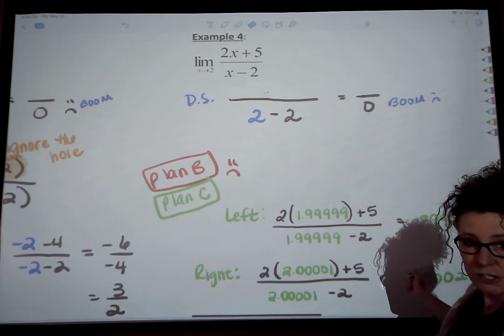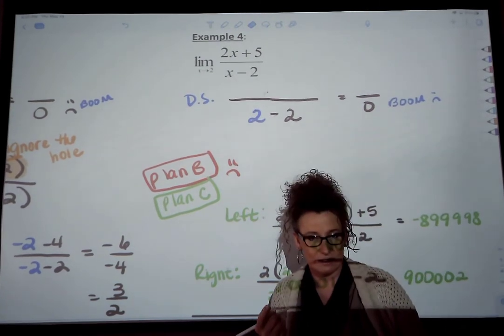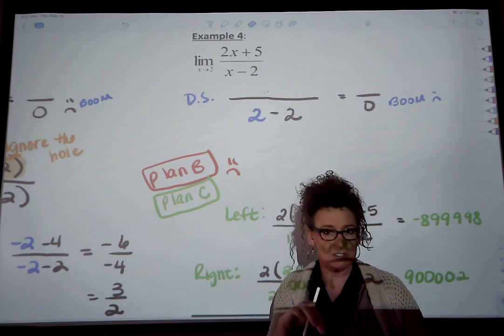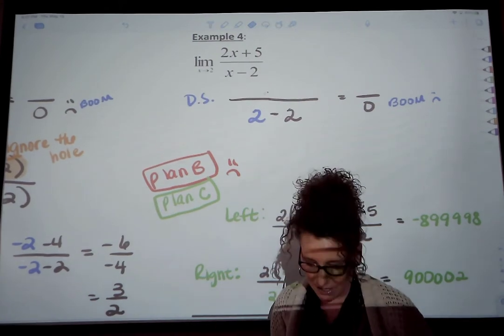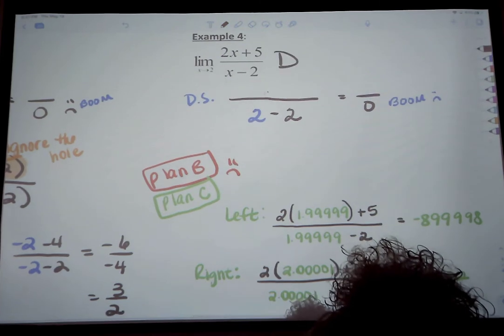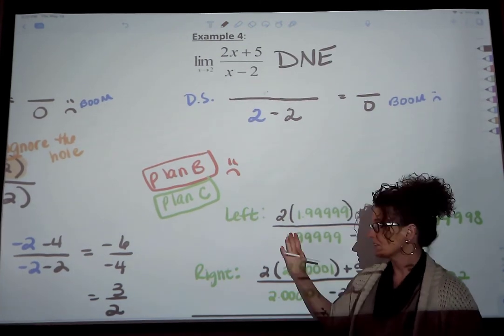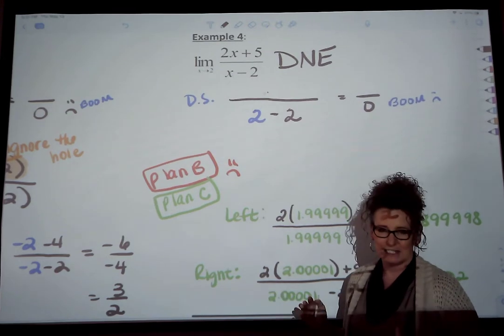Do they match? No. Does the limit exist? No, because the left side didn't match the right side. The limit does not exist because I checked the left and I checked the right and they didn't match.